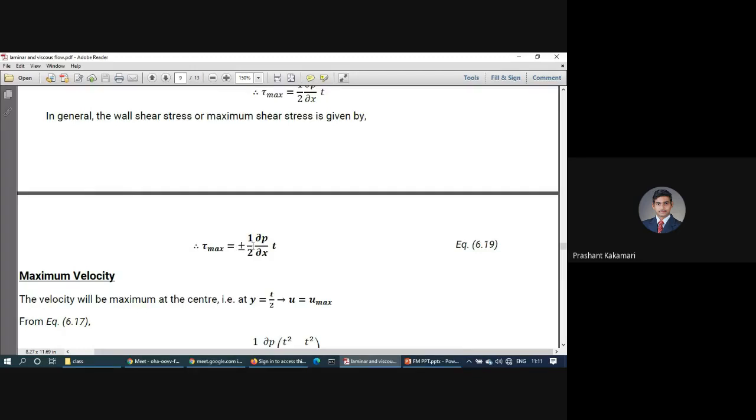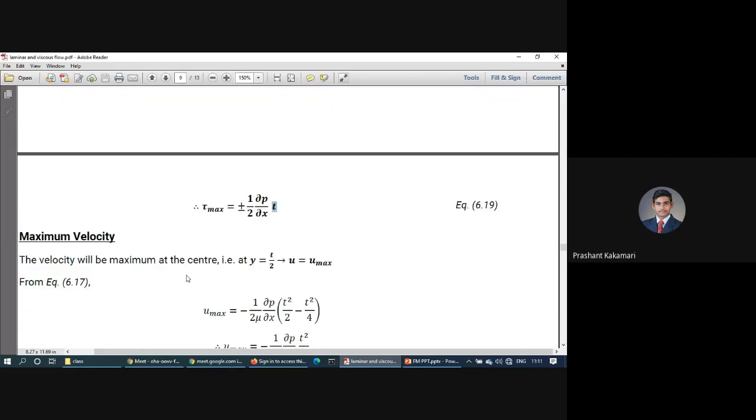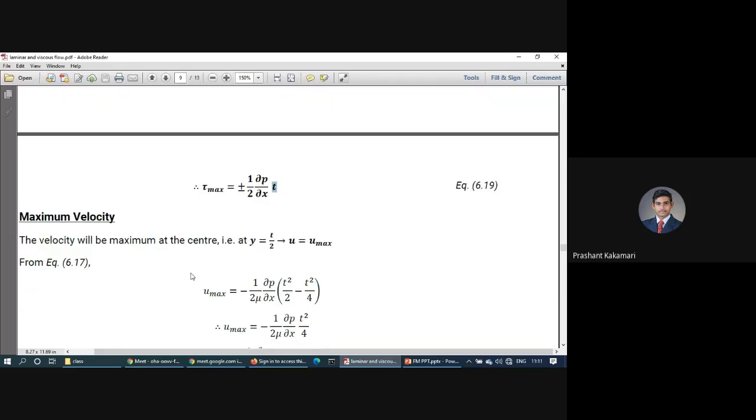I can write it as 1 by 2 dou P by dou X into T. And this T is the total distance between the parallel plates. Or if it is in the pipe, it will be like a diameter or total R, capital R, what you have considered from the center, that also you can observe.